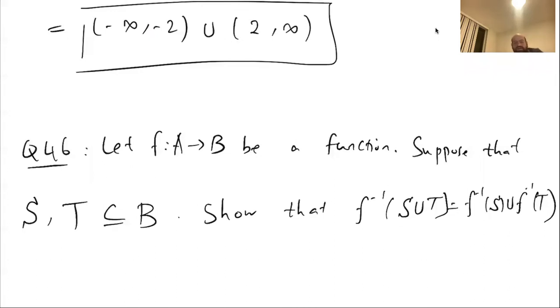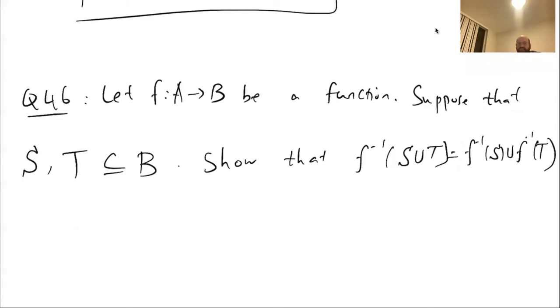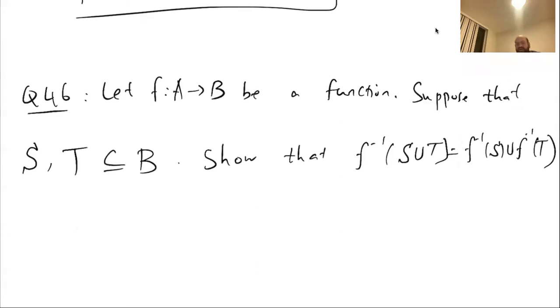Okay, so how can we show that two sets are equal to each other in mathematics and in set theory? Well, we have to show that the first set is a subset of the second set and the second set is a subset of the first set.